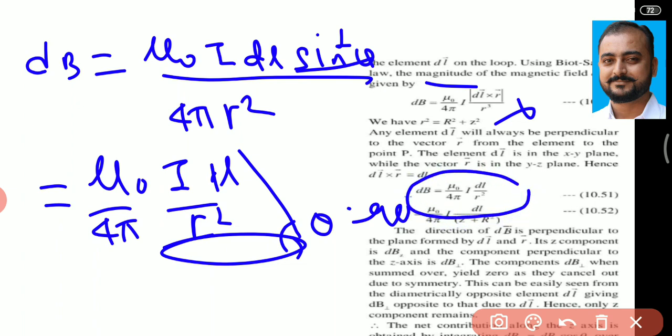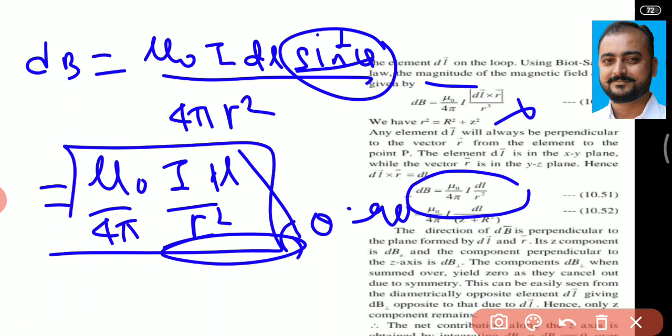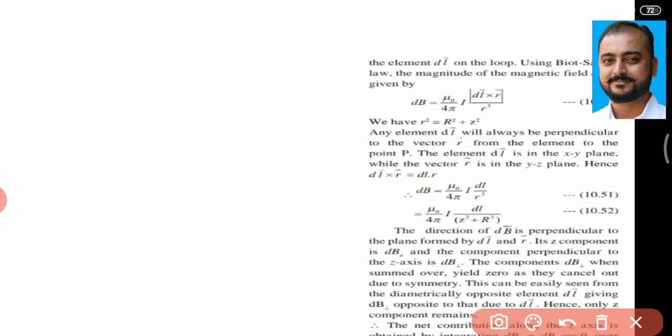Any difficulty? Simple. We directly consider the magnitude of the magnetic field at a given point, and just consider the angle theta as 90 degrees. We get the final formula, which saves your time for writing all these things.